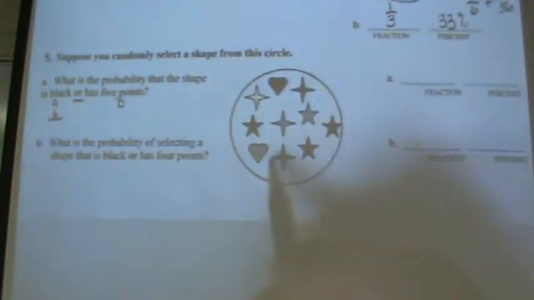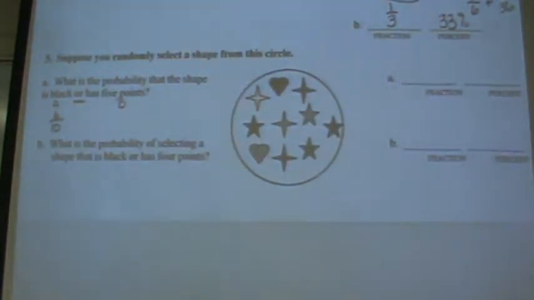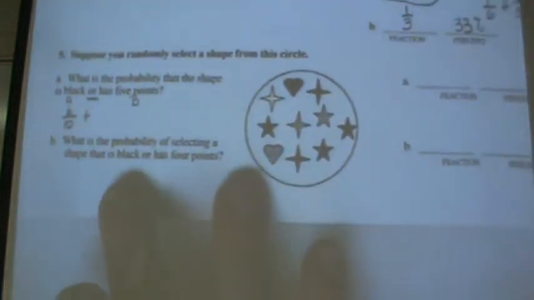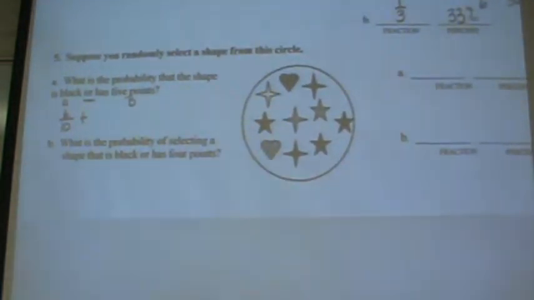That's the total number of shapes we have in the circle. So we're going to have 6 out of 10 is our probability for event A. And then we're going to be adding, because we know it's mutually exclusive or inclusive, and those are always adding or subtracting the "and" part.